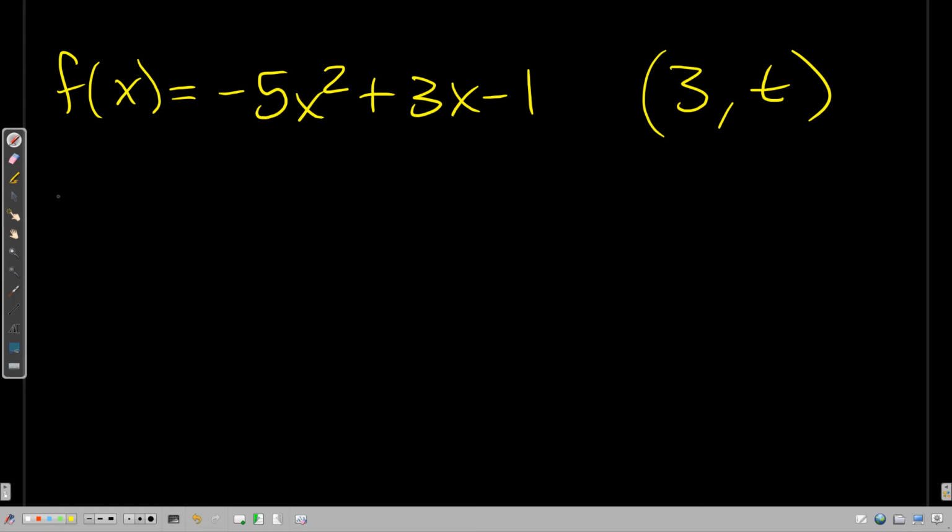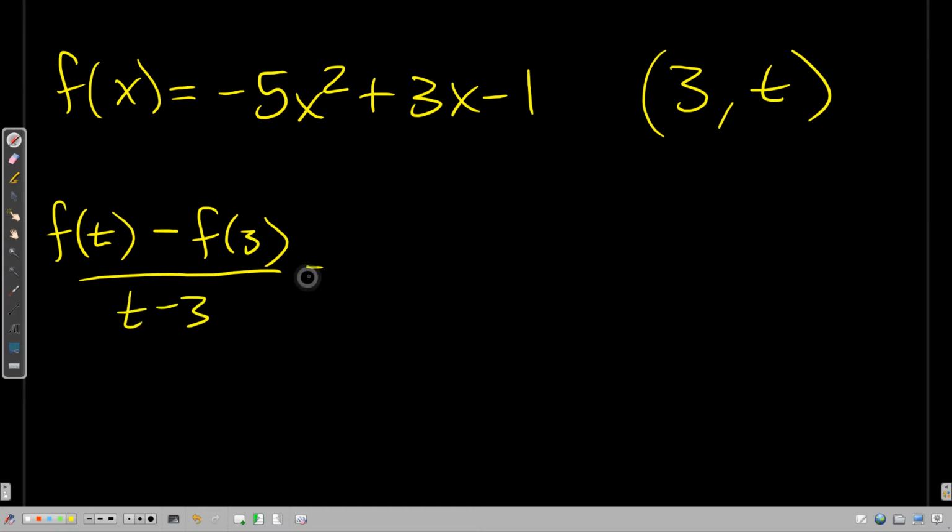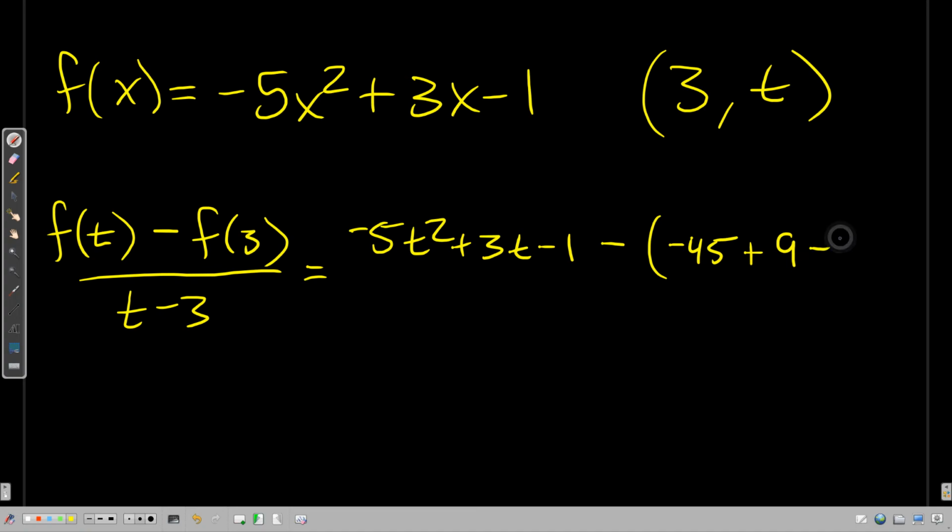So, we know that we are looking to simplify this expression, f of t minus f of 3 over t minus 3. We know that f of t is just going to be a minus 5t squared plus 3t minus 1, and then we need to subtract away f of 3, and f of 3, it looks like, is a minus 5 times 9, so that's a minus 45. And then plus 3 times 3, so that's plus 9 minus 1.